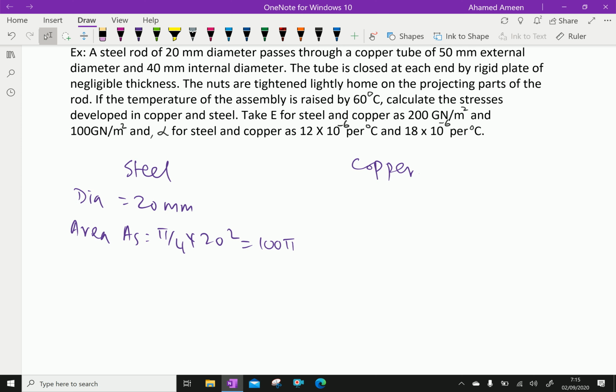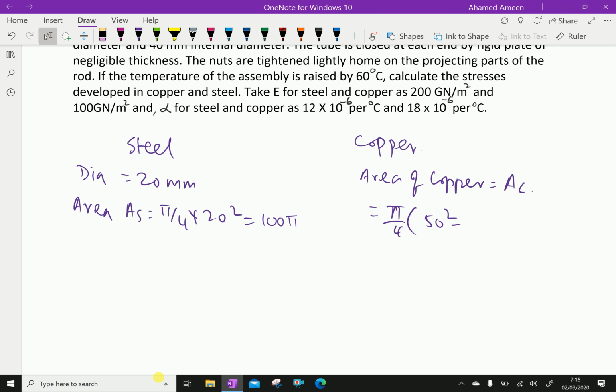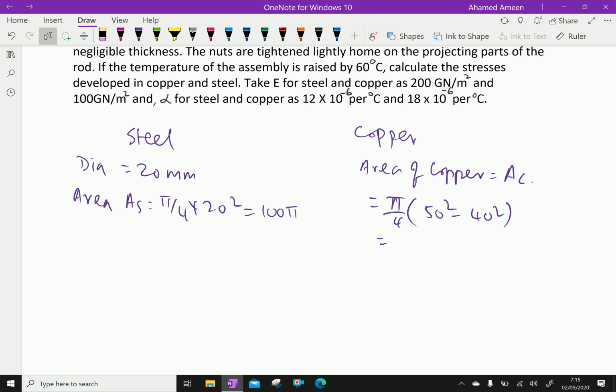Here the area of copper, AC, equals pi by 4 times (external 50 squared minus internal 40 squared), which gives 225 pi mm square.